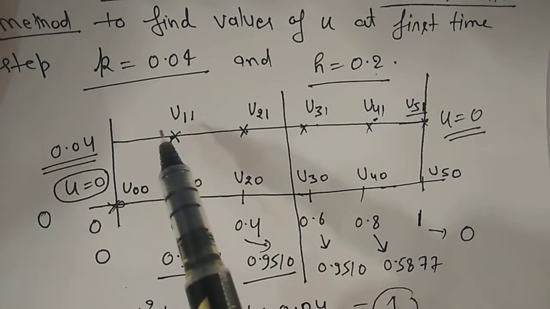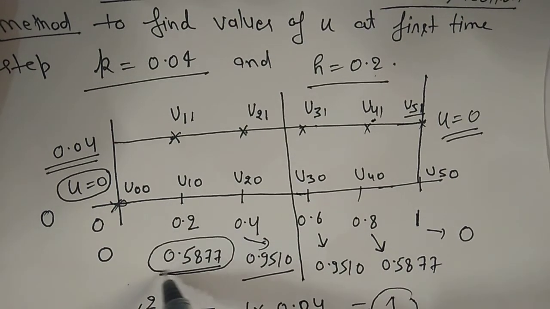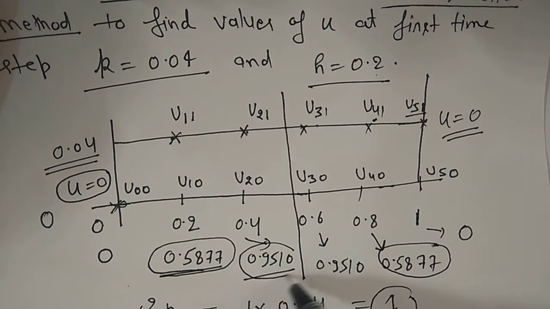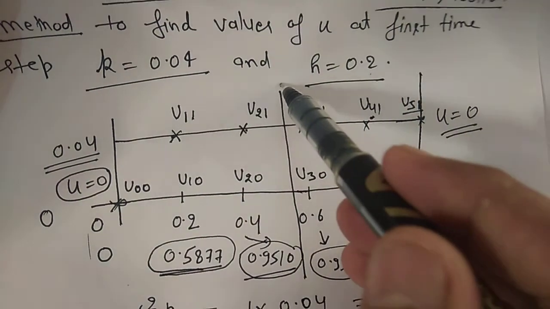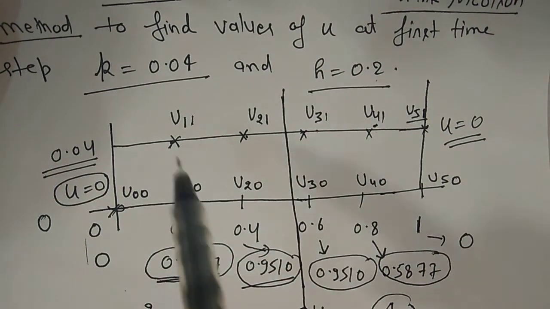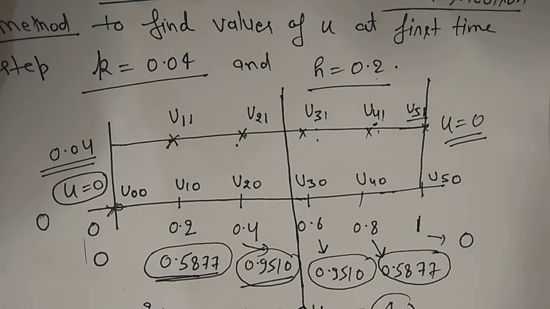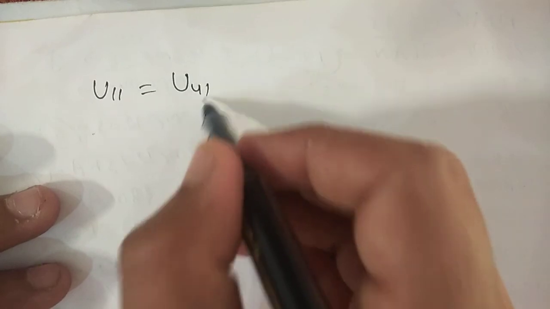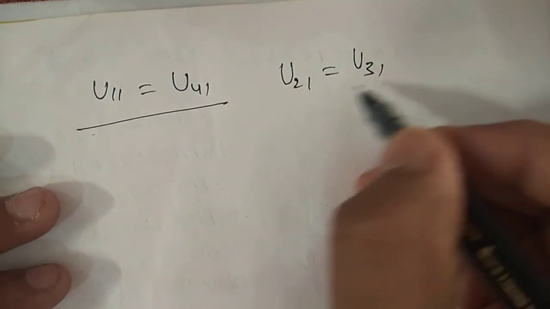You see 0.5877, 0.5877, 0.9510, 0.9510, and this side also u equal to 0. So we have symmetry along this line. So using the symmetry, we can get u11 equal to u41 and u21 equal to u31.